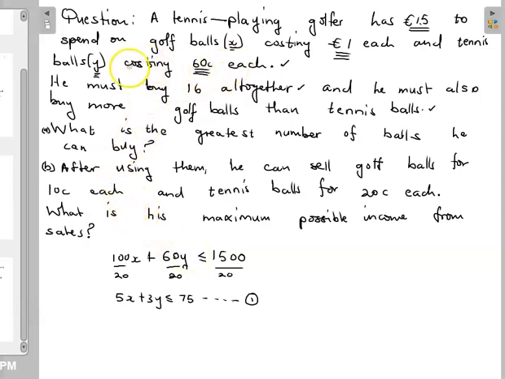Now let's come to the second one. It says he must buy 16 altogether. That is, he must buy 16 balls altogether. This statement omitted something.